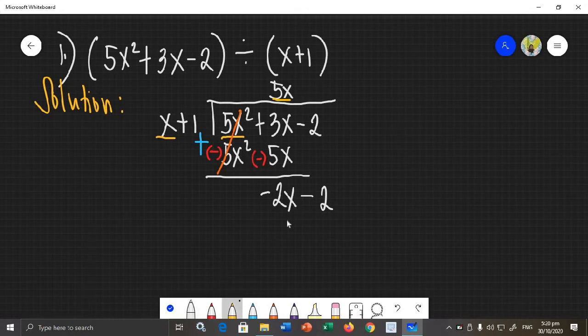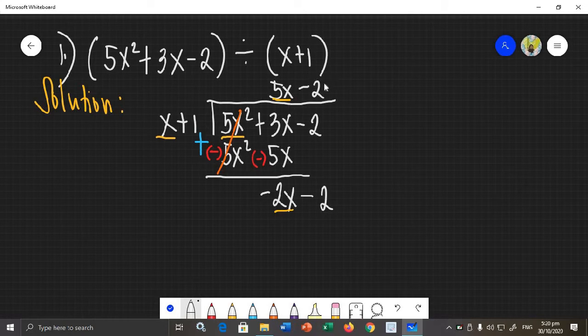Right after we bring it down, i-divide natin ulit yung unang term sa unang term ng divisor. So negative 2x divided by x, the answer is negative 2. Hindi ko na papakita yan, dapat alam niyo na yun. Ilang taon na kayong nag-add, subtract ng expressions in algebra.